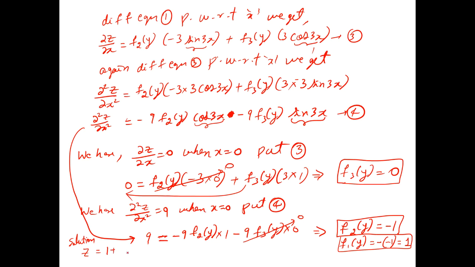Okay, substitute here 1 plus minus 1 cos 3x as it is, plus 0 is f3y sin 3x. So that implies z is equal to 1, plus into minus is minus cos 3x. So this is our PDE. I have eliminated f1y, f2y and f3y. We have eliminated the arbitrary constant and we have calculated the PDE.